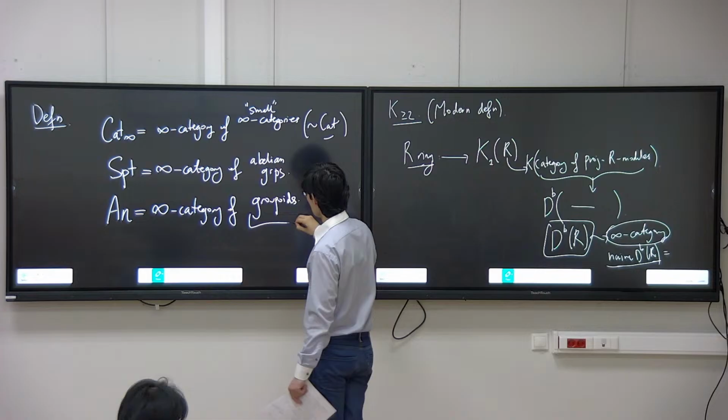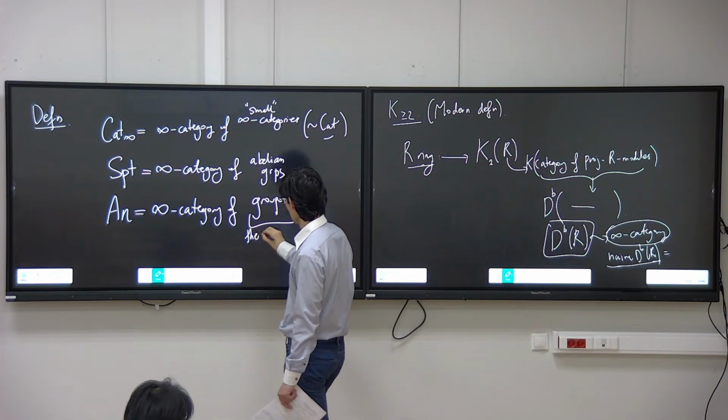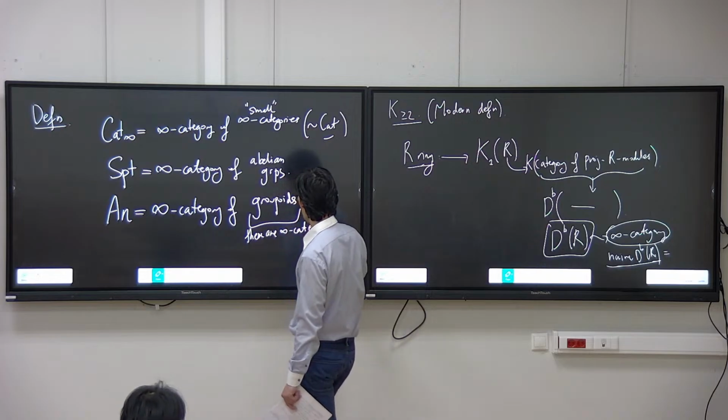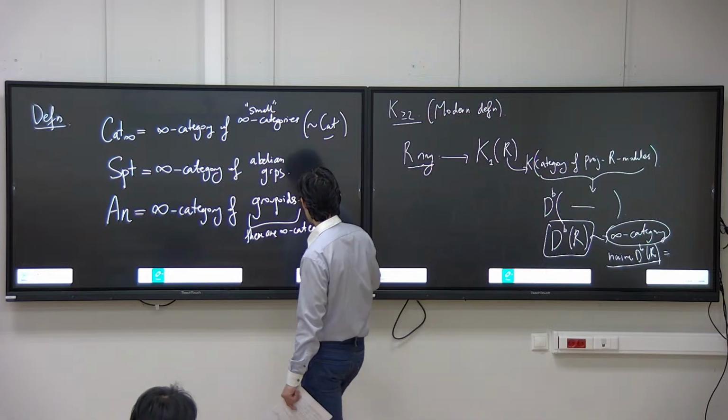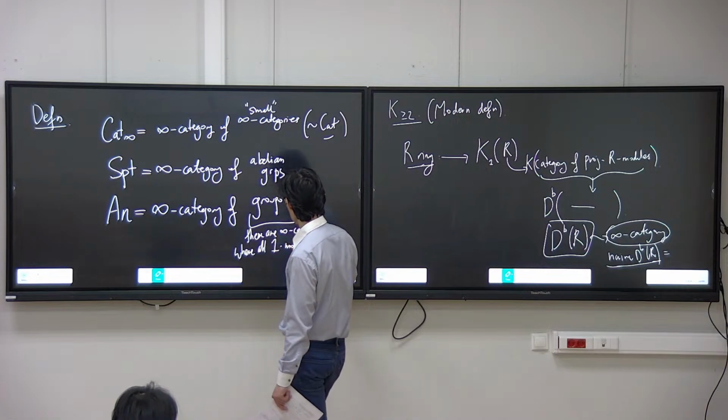And groupoids are basically infinity categories where all one morphisms are invertible.